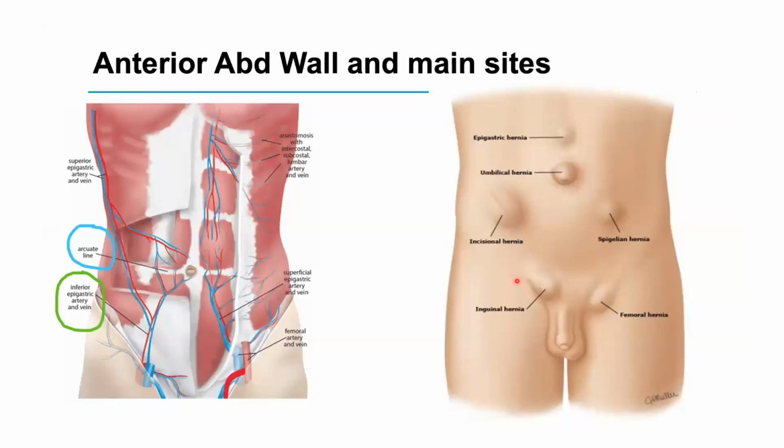I will discuss in a little bit more detail some of these specific hernias: epigastric, umbilical, spigelian, inguinal, femoral, incisional hernia. On the left, you can see a simplified diagram of the musculature of the anterior abdominal wall.